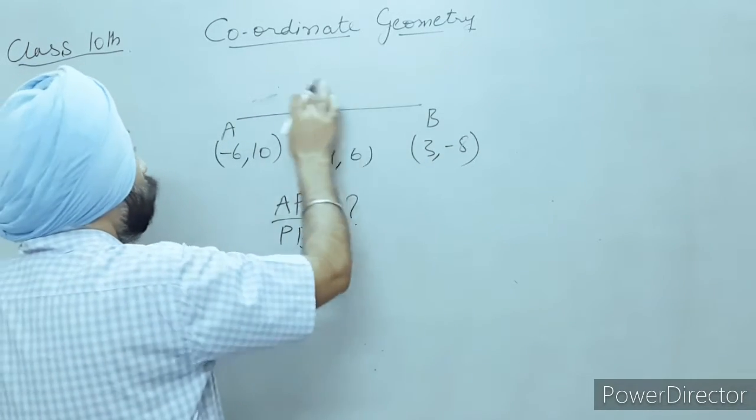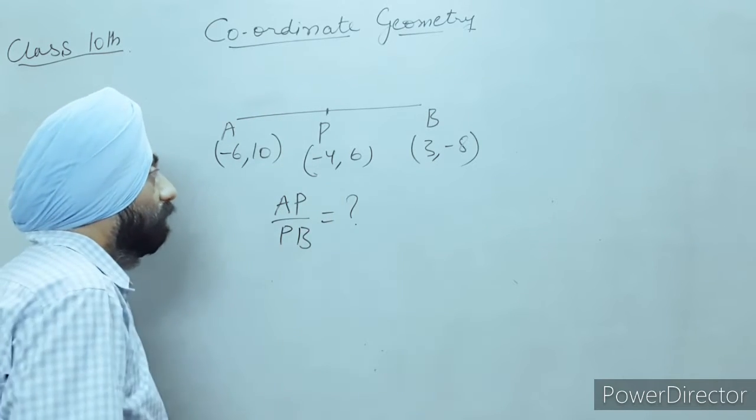I need to find the ratio, that is AP upon PB.